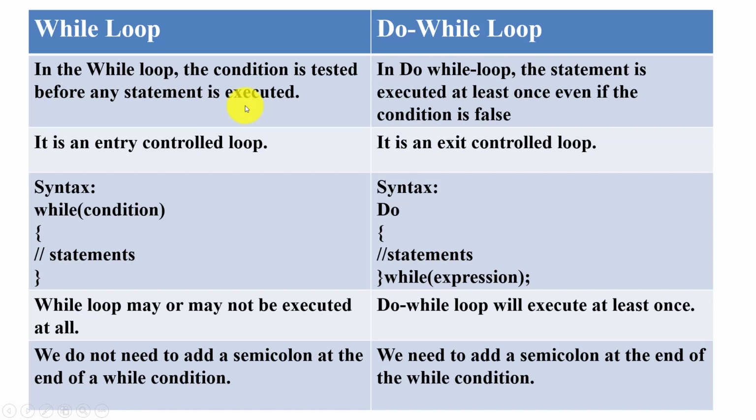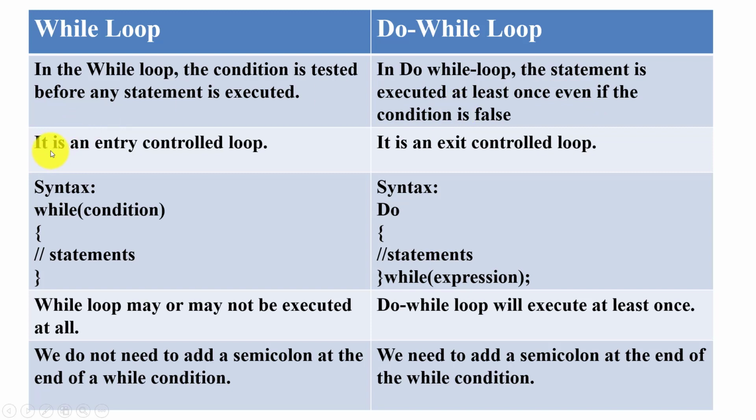That is, at the very start we check the condition, as we discussed in the program. In a do while loop, the statement is executed at least once. That is, it printed output once, the do loop is executed at least once, even if the condition is false.